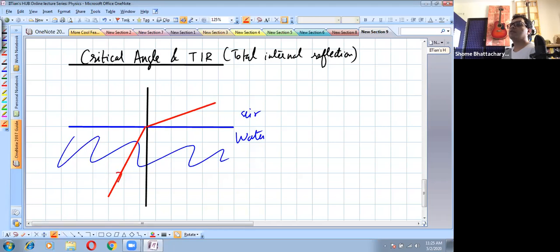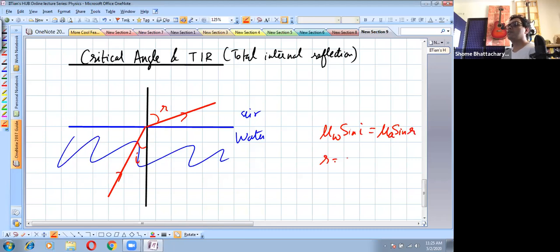So we have that formula in that. If this is the angle of incidence, this is the angle of refraction. So here what is happening is that refractive index of water into sine I is equal to refractive index of air into sine R. Okay.